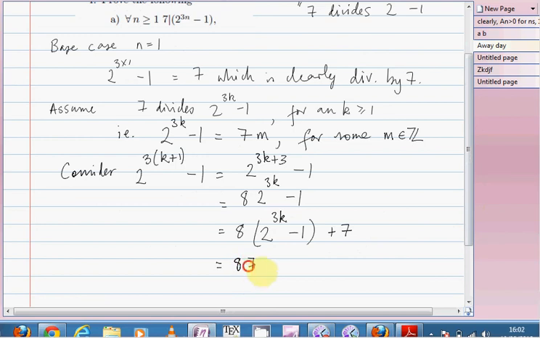But here is where I bring in the assumption that I've made, because I assume that 2 to the 3k minus 1 is equal to 7m. So this here is true by assumption, and this can now be written as 7 times 8m plus 1, i.e. it's divisible by 7.